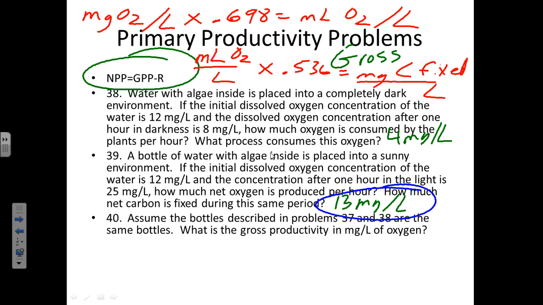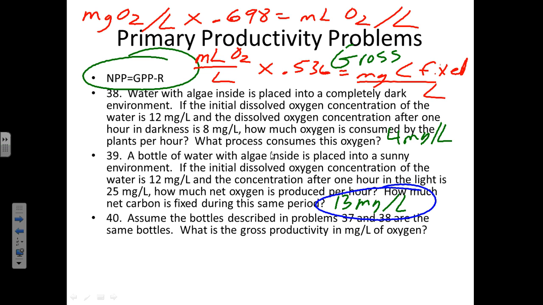Notice this first formula says take your amount of oxygen in milligrams per liter, multiply it by 0.698. And what that does is that converts milligrams to what? Milliliters of oxygen. Normally when we're dealing with gases, we want to deal with volume units instead of mass units, right? We like to measure gases like we measure liquids, in milliliters. So all this does is convert milligrams of oxygen to milliliters of oxygen.